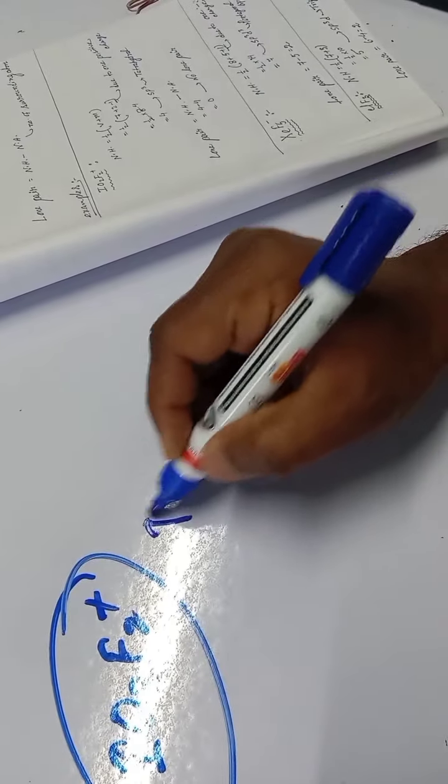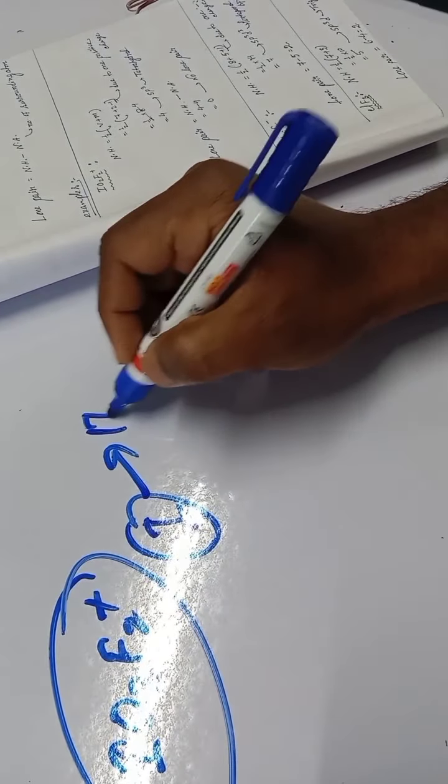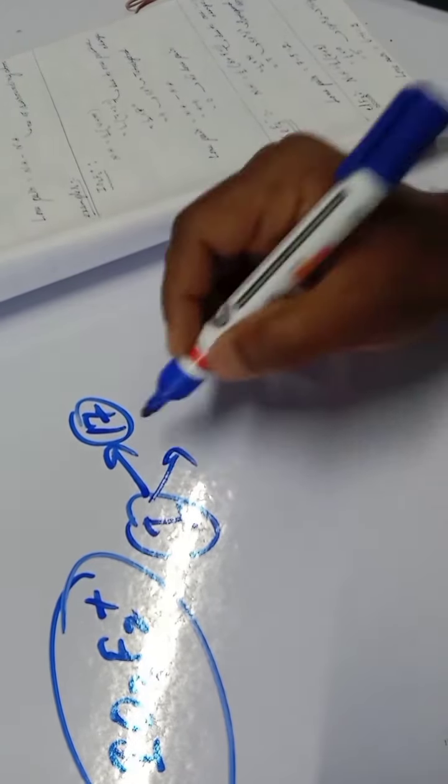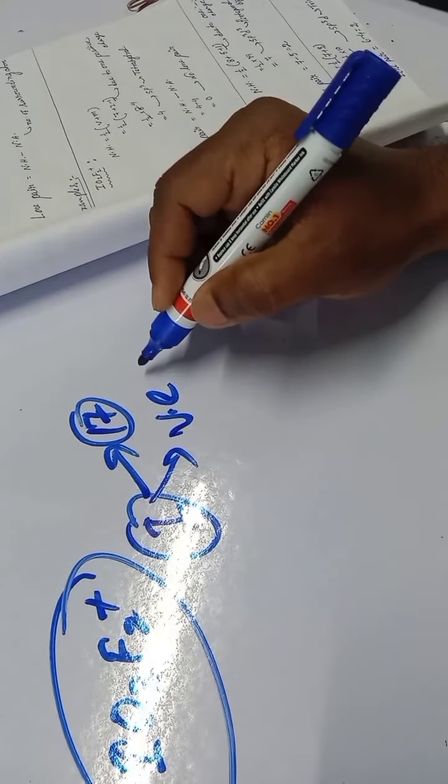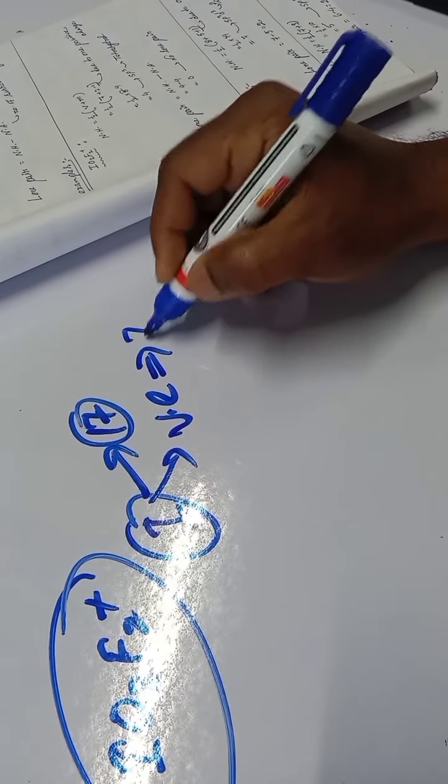Iodine is a group 17 element, so its valence electron count is also 7.